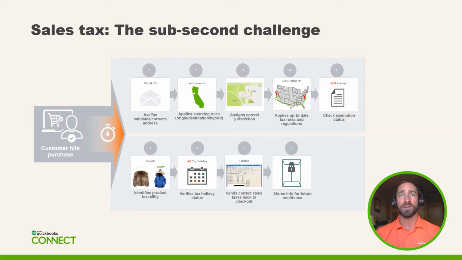For if you're selling things that have exempt or partially taxable goods, you need to be thinking about clothing and apparel, software as a service, maintenance, contracts, installation, labor, freight. All of those things are going to have varying taxability, and we will take into account each individual line item on the invoice and determine if it's taxable or not across all 45 states plus DC that do charge sales tax.